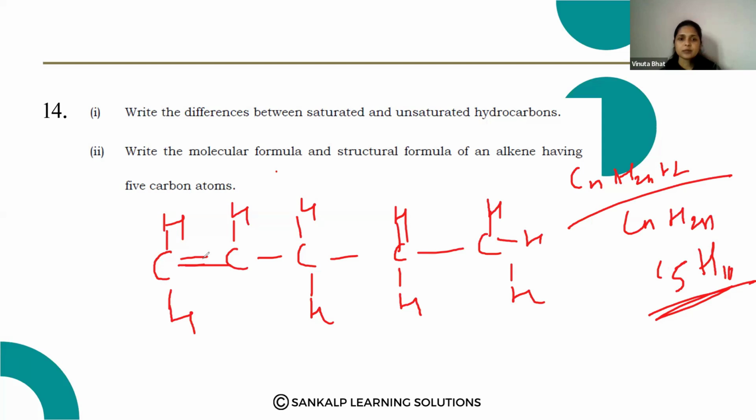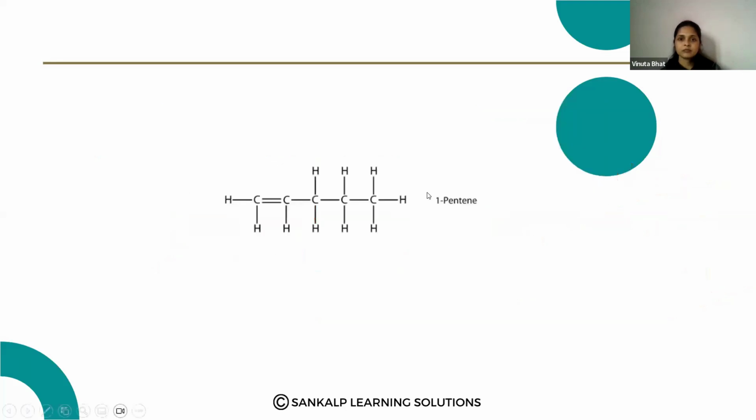This is the alkene because a double bond is there, and total 10 hydrogen atoms and 5 carbon atoms are there. So this is the structure of the alkene which has 5 carbon atoms.